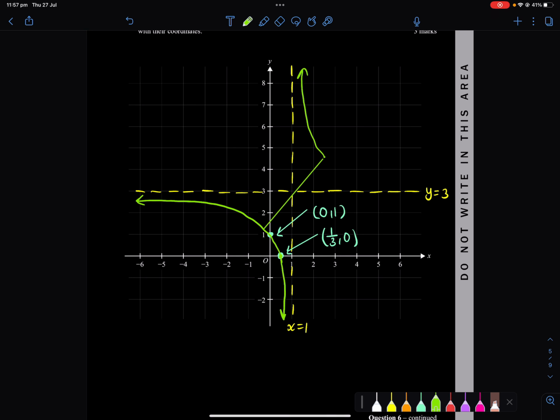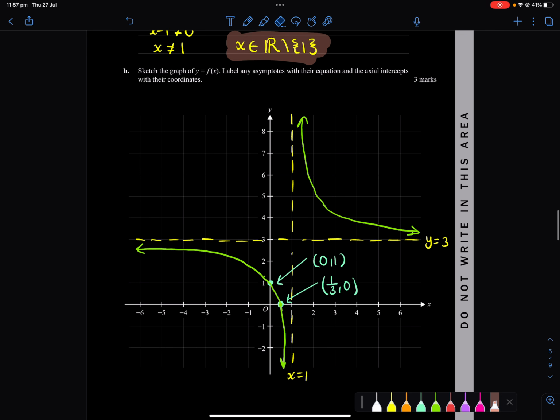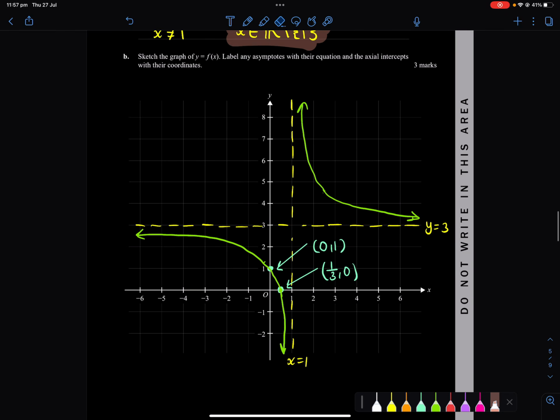This goes over here, and this goes over here. Okay, that's good. Have we labeled everything? Yep, your axes, nothing else. Yeah, that's it. Looks like that's right. Nothing looks wrong.